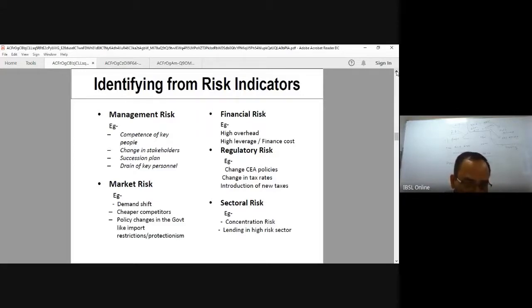Drain of key personnel. When you look at the market or the business, the demand shift, there are umpteen number of times you would have come across examples for this, right? Demand for a particular product shifts, right?